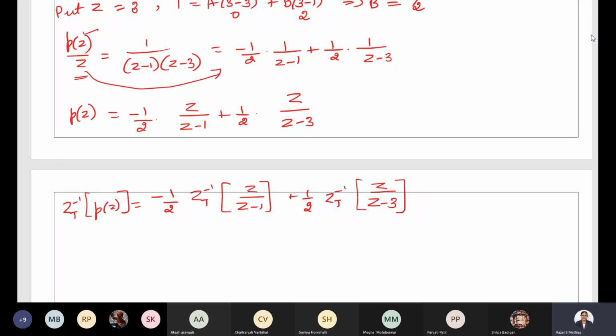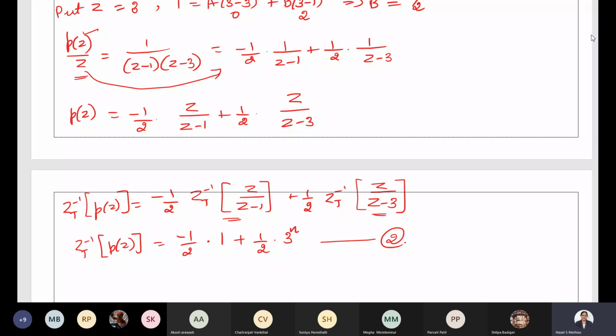So the inverse z transform of P of z is equal to minus half into, what is the inverse z transform of z by z minus 1? It is equal to 1, plus half times, what is the inverse z transform of z by z minus 3? 3 power n. So this is our inverse z transform of P of z.